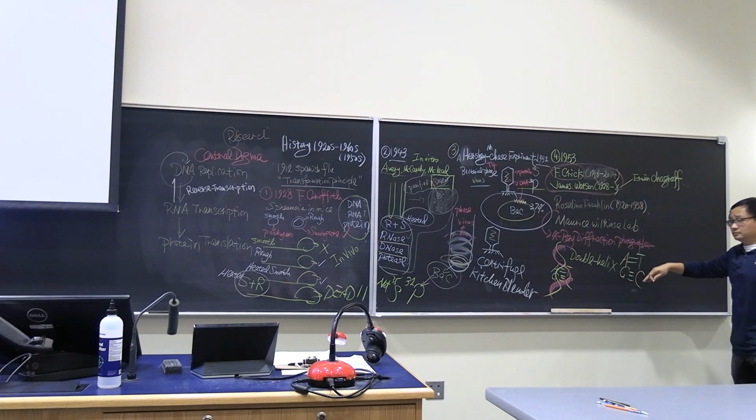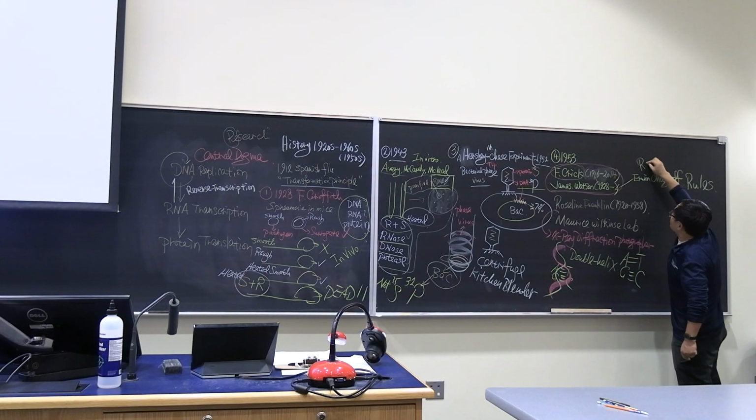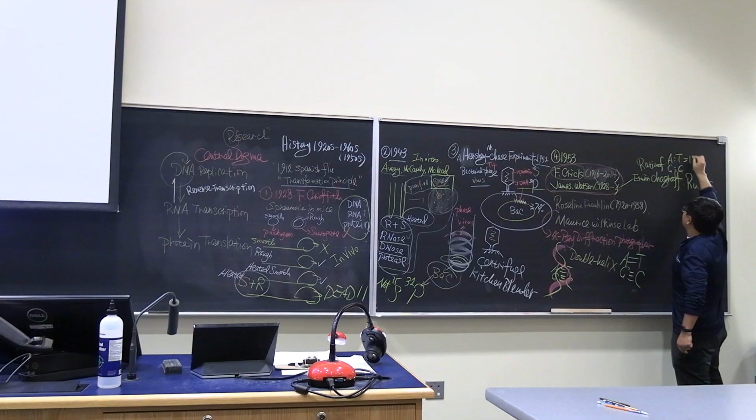Chargaff shared his most recent finding, which we call Chargaff's rule. What is Chargaff's rule? The ratio of A to T and G to C is always 1:1.